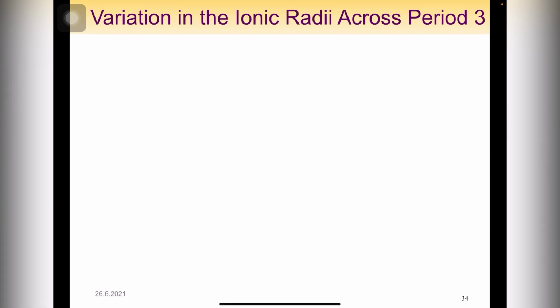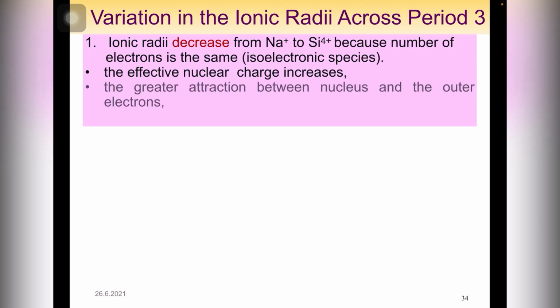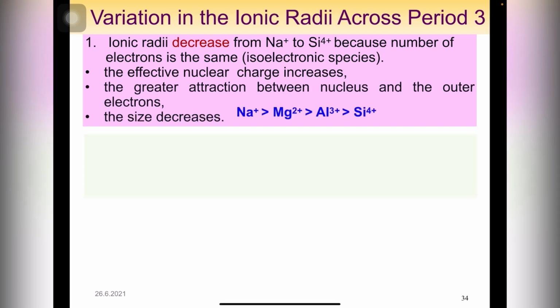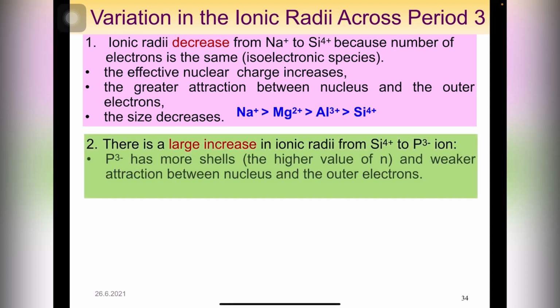Why? Same as the elements in period 2, the proton number increases, so the effective nuclear charge increases. This is the arrangement of the ions, and all the ions are isoelectronic. The drastic increase happens because P3- has more shells.